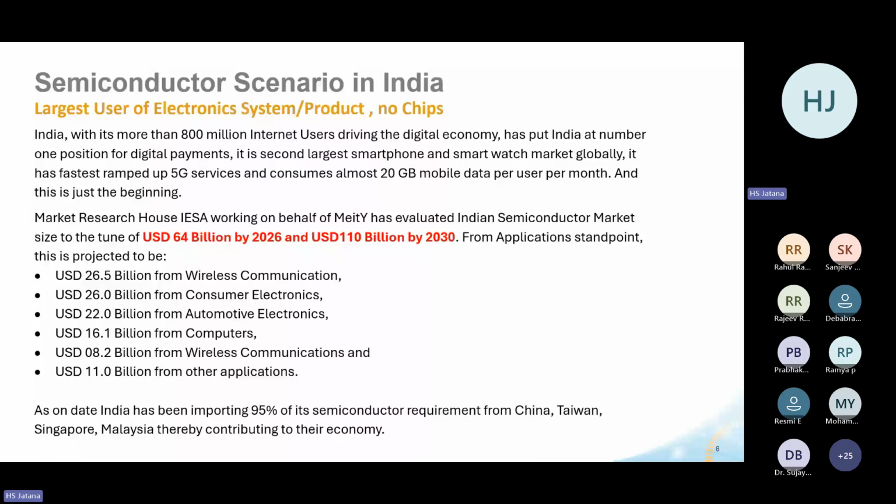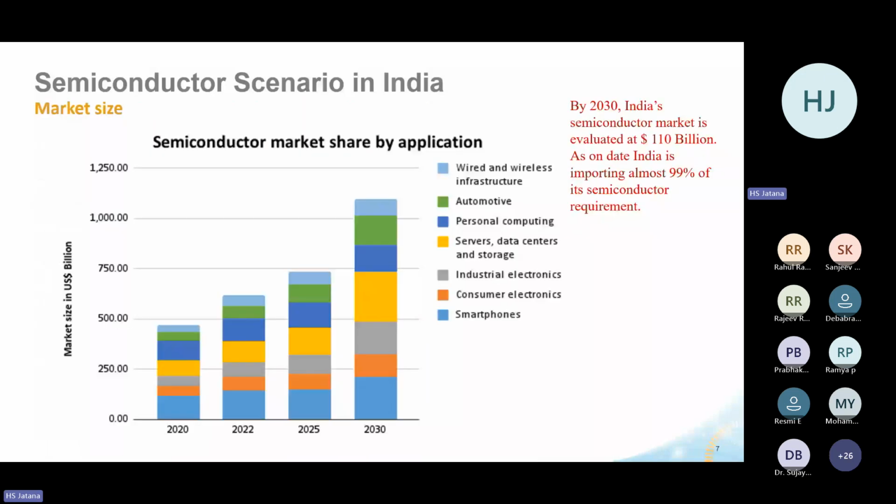Now in this graph, as I told you, we don't have any strength in manufacturing, we don't have any facility, a very limited facility, it's not commercial. Even 2,000 wafer starts per month, compare it with TSMC, which has around 69% of the world's semiconductor manufacturing.